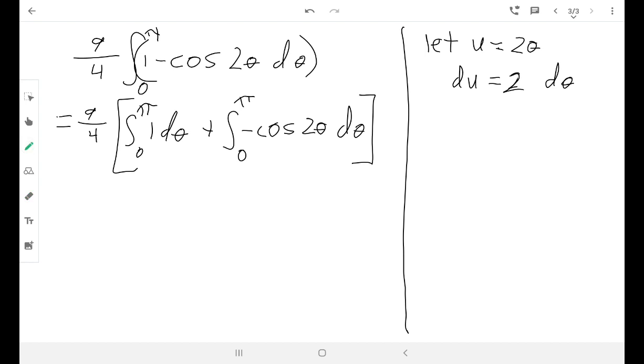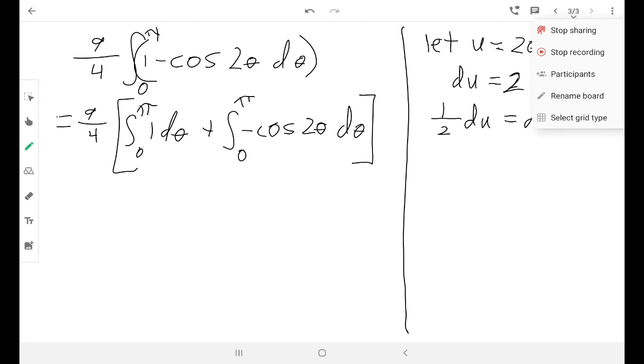And then you'd probably multiply by 1/2 on both sides to say that 1/2 du equals d theta. And you should be able to do the rest of the integration and the evaluation from there. So I'm going to leave the rest of that up to you, but that should get you started pretty well. Thank you. I hope that helped.